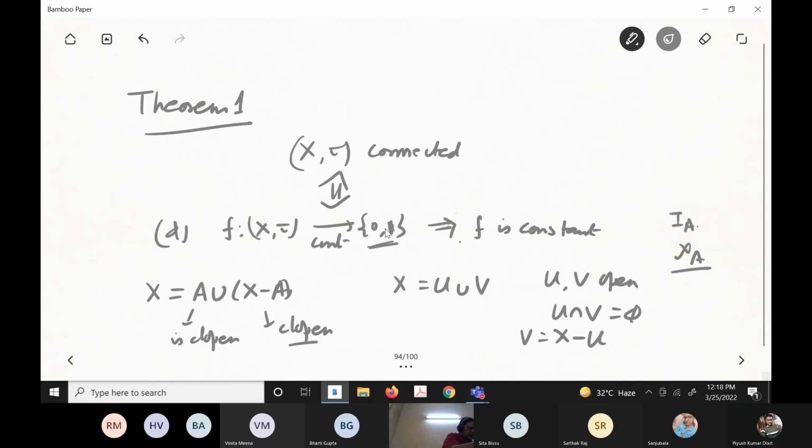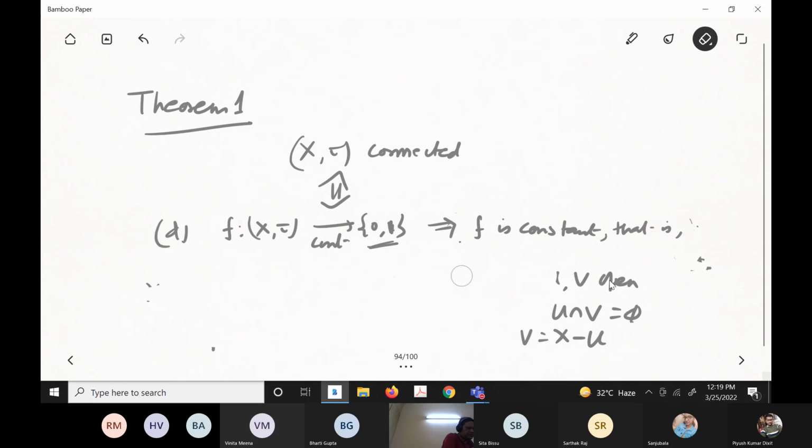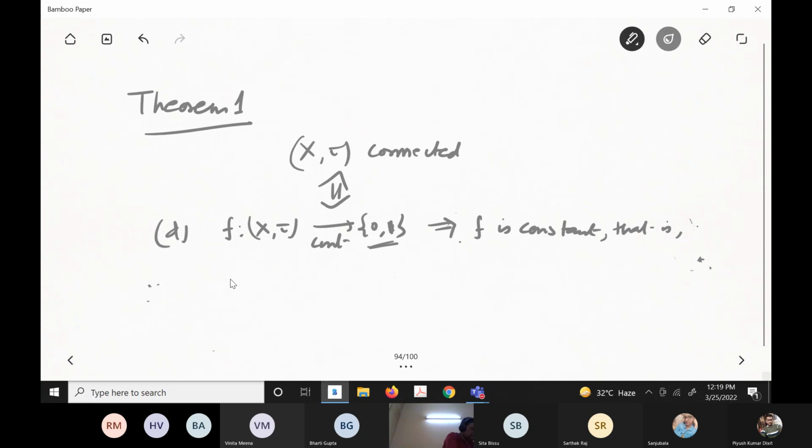That means if f is constant, f is either chi A, or else f is chi X, where A equals this.